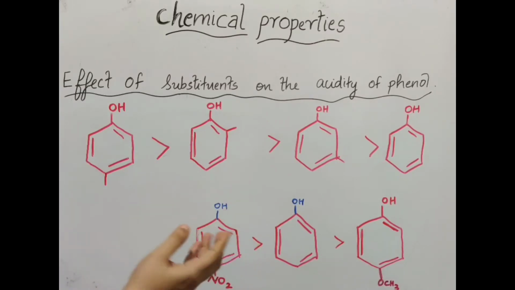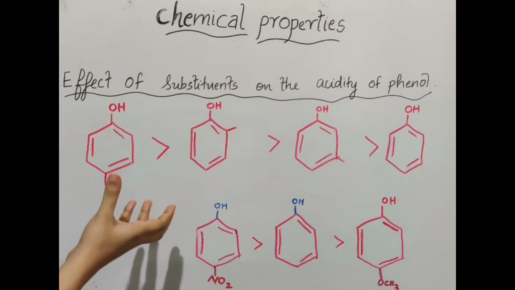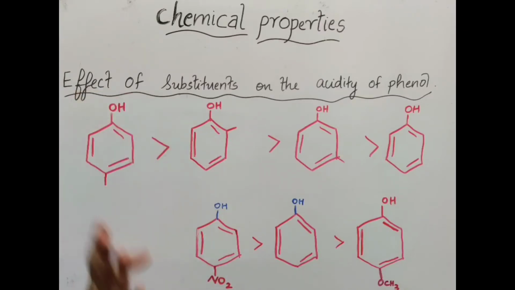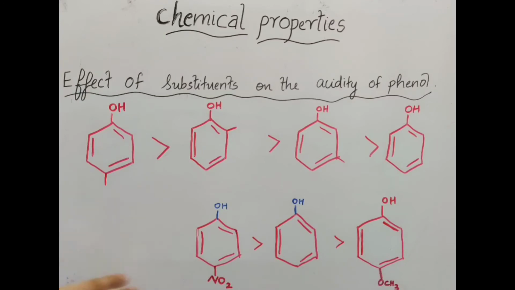Next we are discussing the electron releasing groups, that is, the effects of the presence of an electron releasing group on the benzene ring, on the acidity of the phenol.